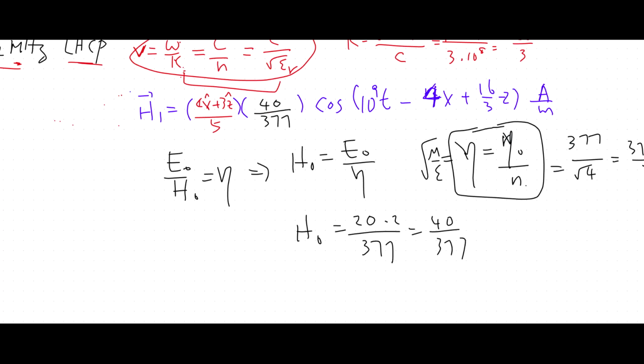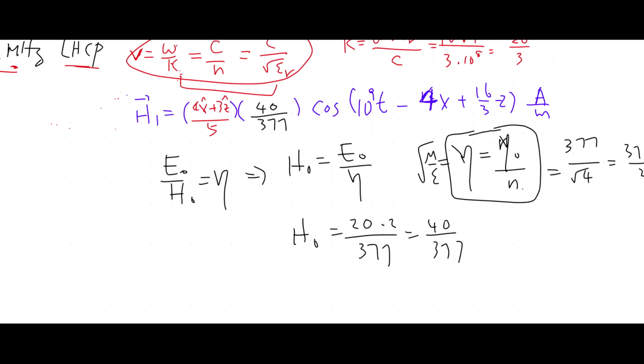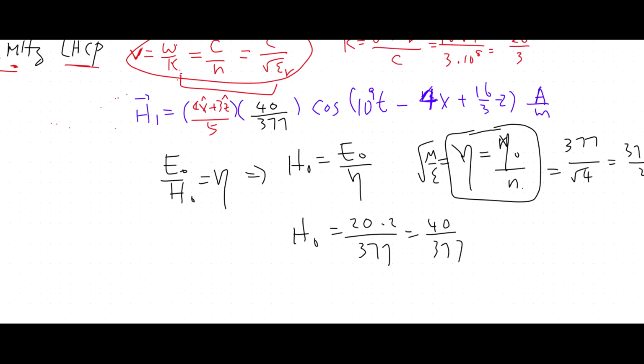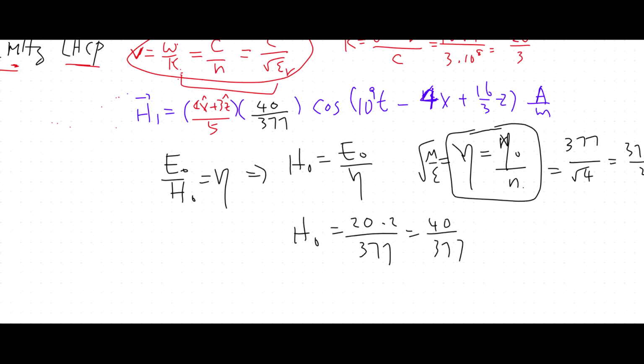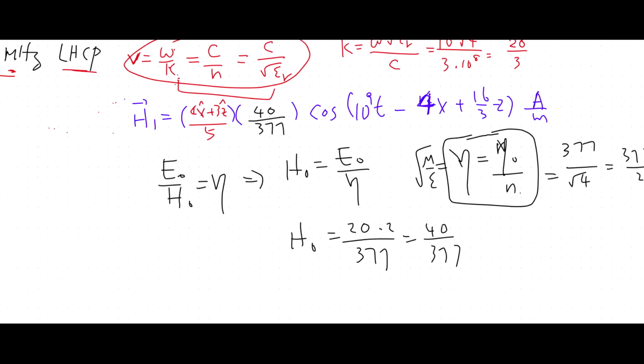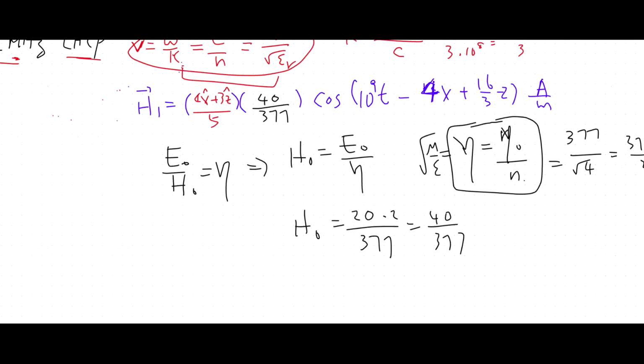Any question? So what is 40 over 377? Let me do one more step. (0.106), right? So a lot of times, let's look at this expression.